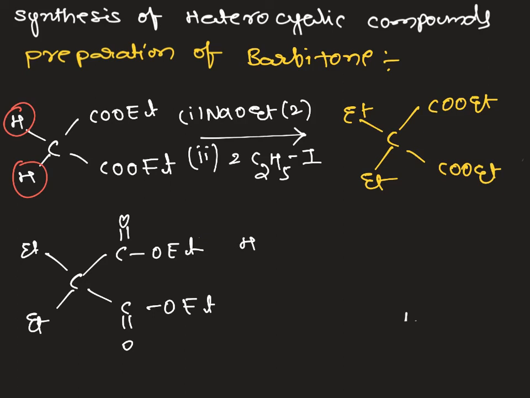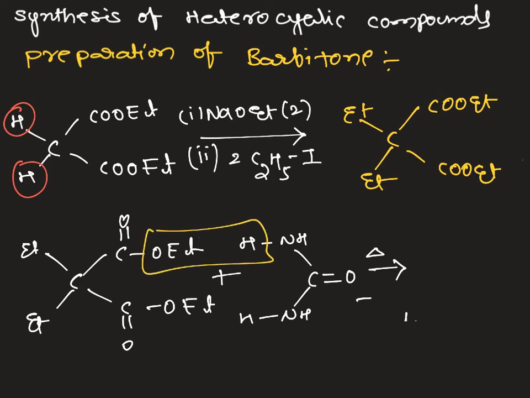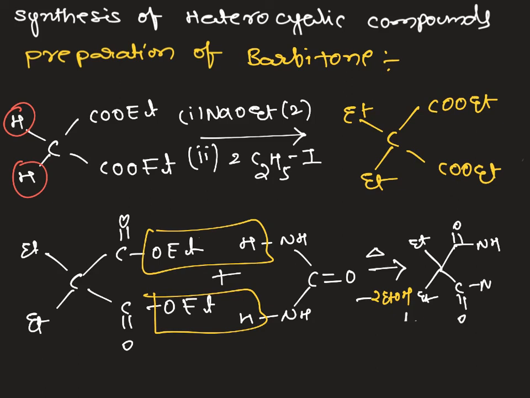Plus urea, elimination of 2 moles of ethanol gives this molecule, which we call barbitone.